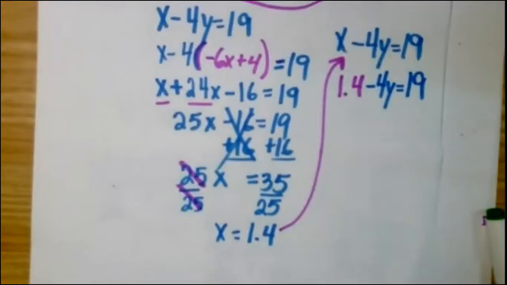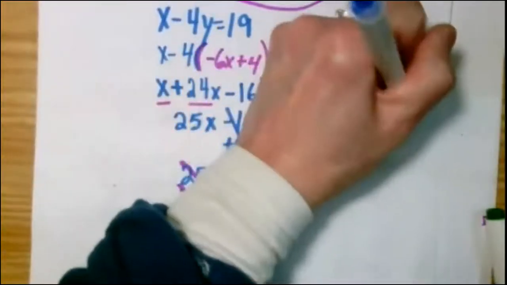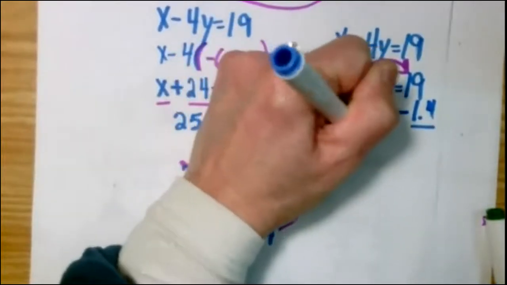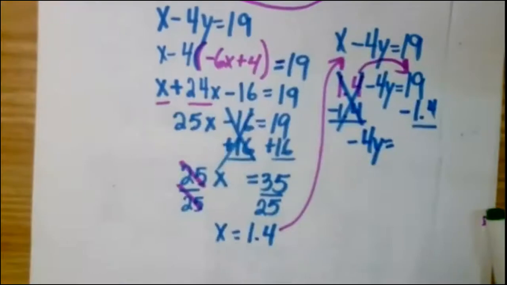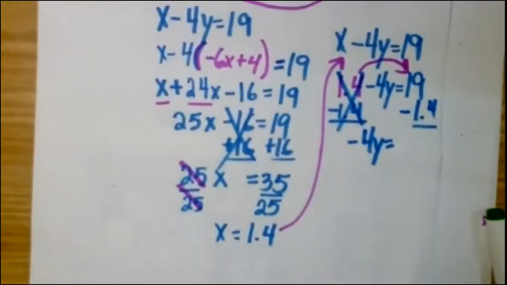I'm going to move the 1.4 to the other side by subtracting 1.4. These cross off. I'm left with negative 4y equaling 19 minus 1.4. 19 minus 1.4, 17.6.